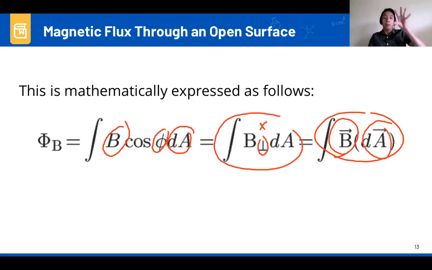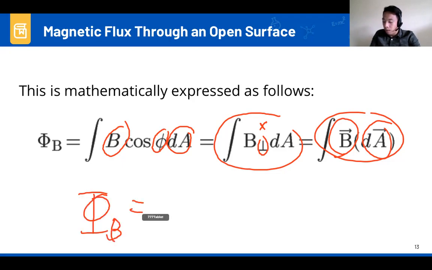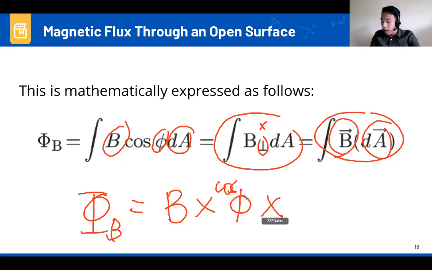So you will just multiply magnetic field multiplied by the angle multiplied by the area. Okay? And that will be the total for magnetic flux. Okay? Again, magnetic flux is equivalent to B multiplied by the angle, of course that is with cosine, multiplied by the area.